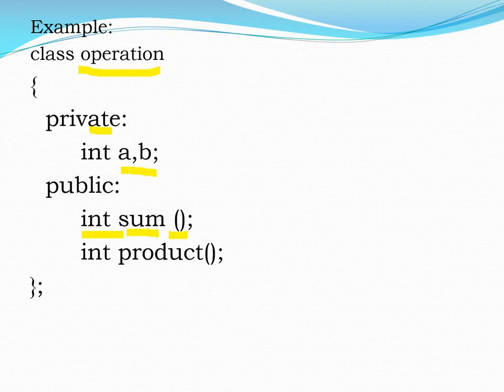A normal function definition will not have a semicolon, but here, since the definition is written outside the class, the declaration inside the class ends with a semicolon. Here I have two member functions, sum as well as product.